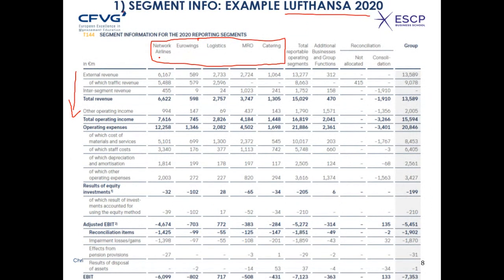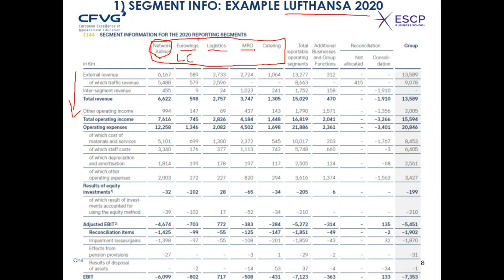So here, for example, the 5 segments are Network Airlines, and Eurowings, which is another airline, but a low cost one. The network airlines here are what we call legacy carriers. The business model is very different, therefore it's 2 different segments. Logistics is a different segment.